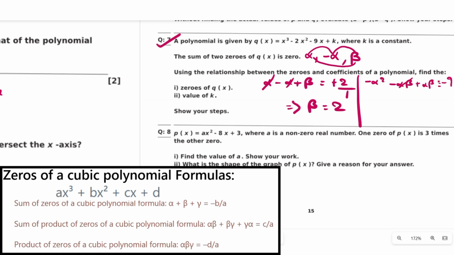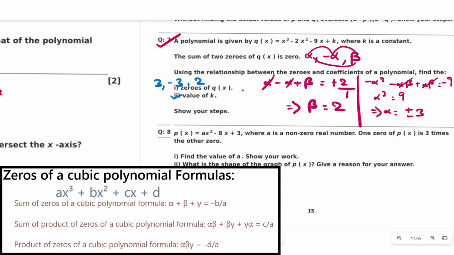So minus alpha beta plus alpha beta gets cancelled and alpha squared is 9. So that gives me alpha as plus minus 3. So the zeros of q(x) are 3, minus 3 and 2. Right? Then we have to find the value of k.